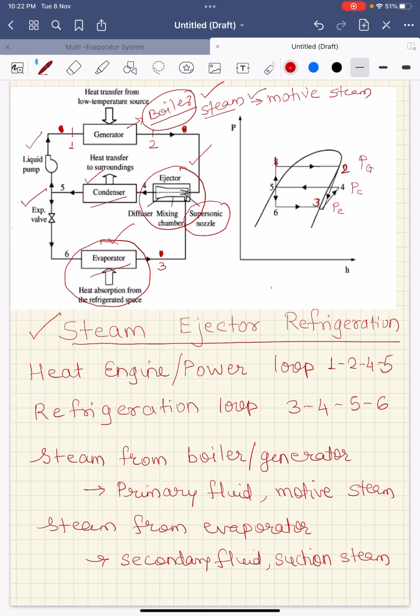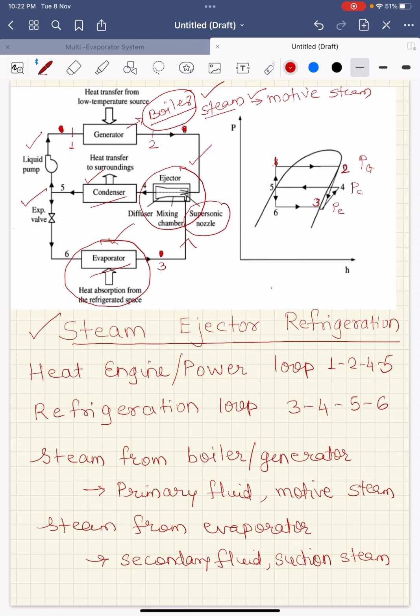When the steam reaches supersonic velocity, it creates a depression or vacuum at the nozzle outlet, and when there is suction created at the nozzle outlet, another steam enters the nozzle. That steam comes from the evaporator.